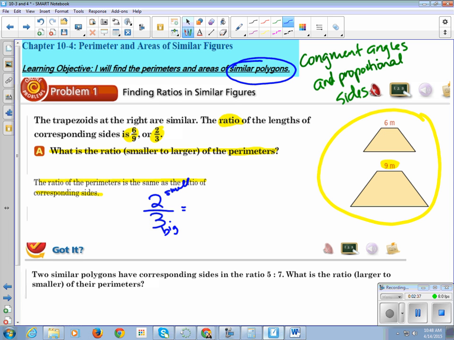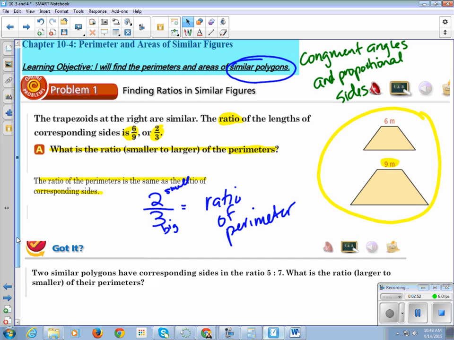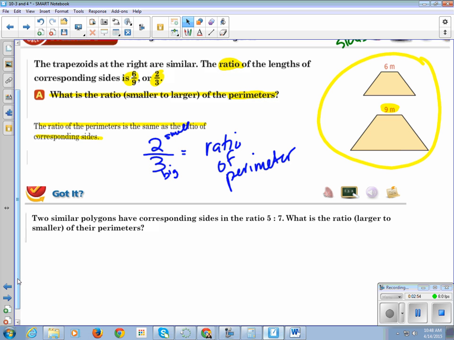Then the ratio of the perimeters is going to be the same. It's also going to be 2:3, small to big. How hard was that? Not hard at all. We're done.